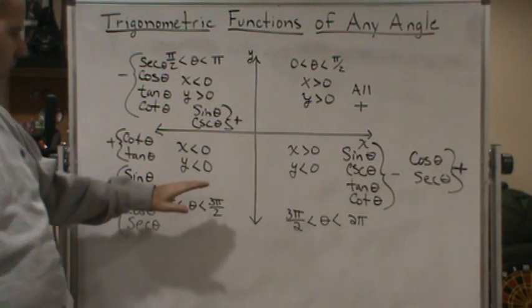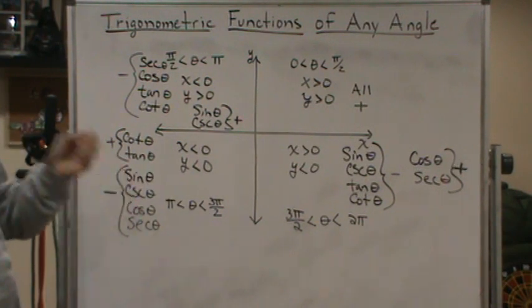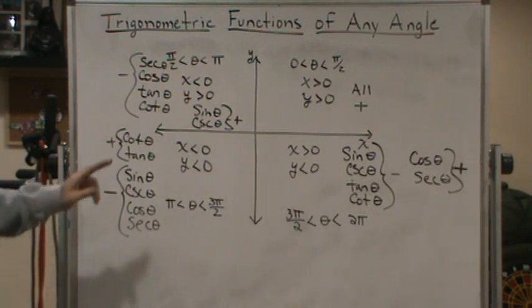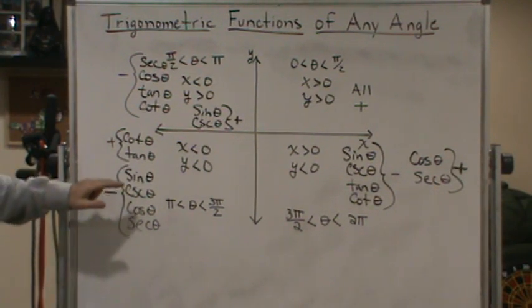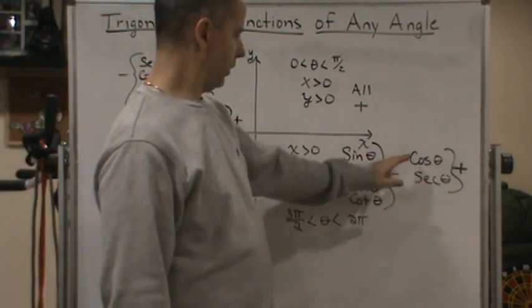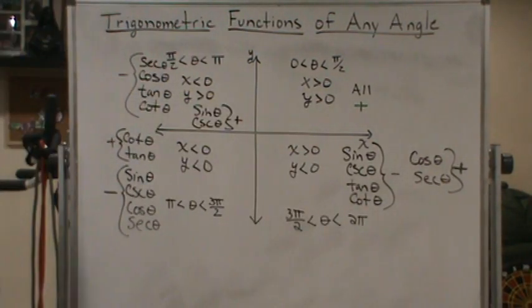Here, x and y are both negative, so the only ones that are positive are tangent and cotangent. If tangent is positive, sine and cosine are negative. And over here, cosine is positive, sine and tangent are negative.